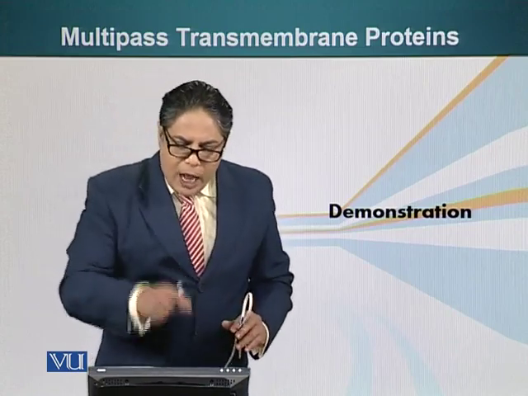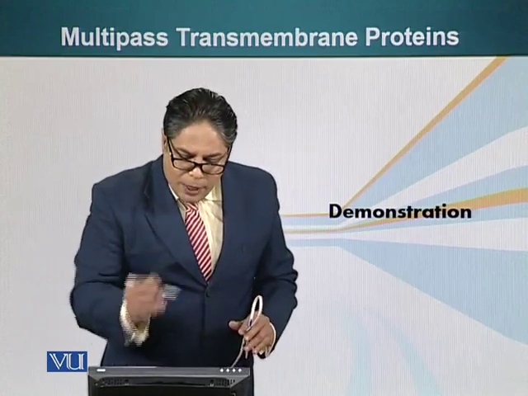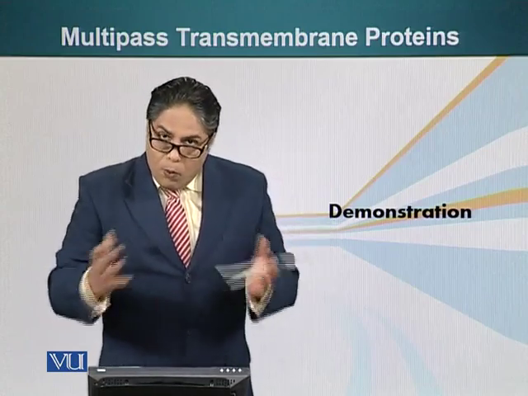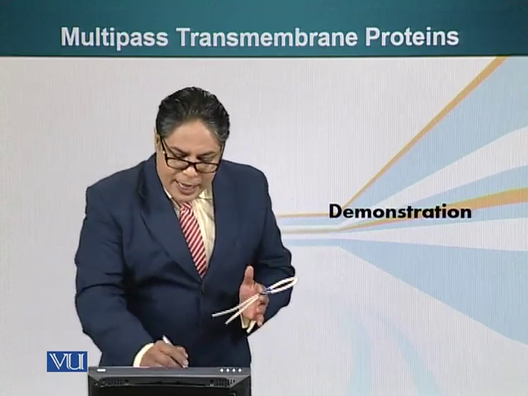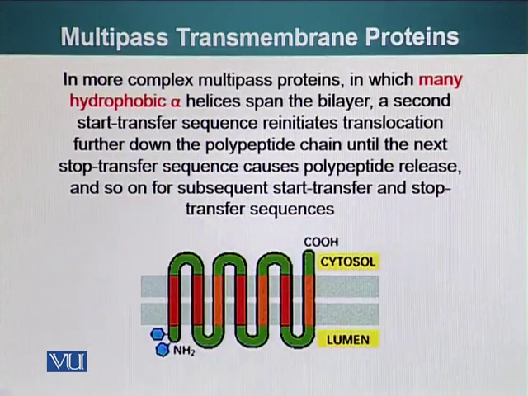Let's continue and see how multi-pass proteins with more transmembrane segments are inserted. In more complex multi-pass proteins, in which many hydrophobic alpha helices span the bilayer, a second start transfer sequence reinitiates translocation further down the polypeptide chain until the next stop transfer sequence causes the polypeptide release, and so on for subsequent start transfer and stop transfer sequences.